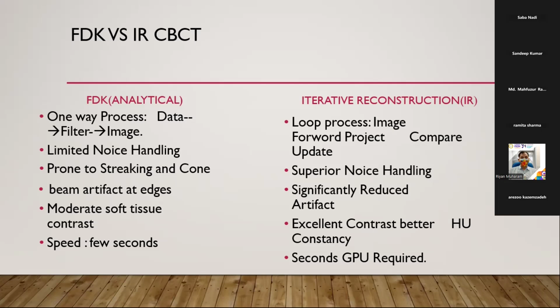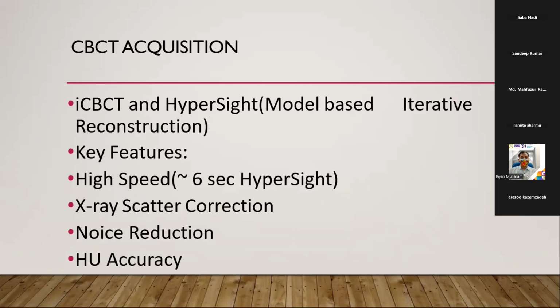The speed in FDK was only a few seconds, while iterative reconstruction requires a GPU because of the basic principle of iteration. A large number of iterations is required to achieve a good similarity index.